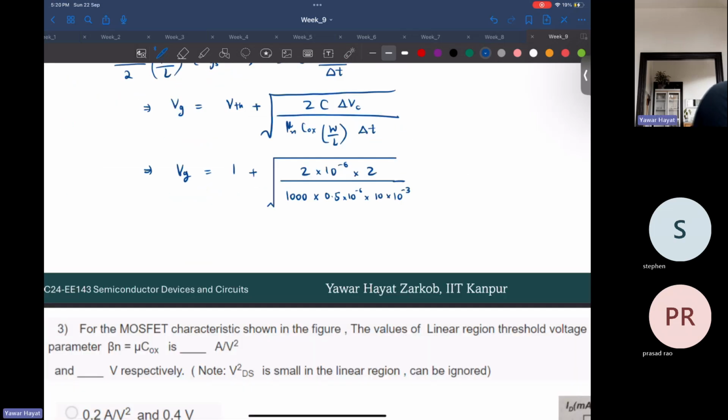So work this out and you'll get 1 plus square root of 0.8, right? And then that Vg is 1.8944 volts.